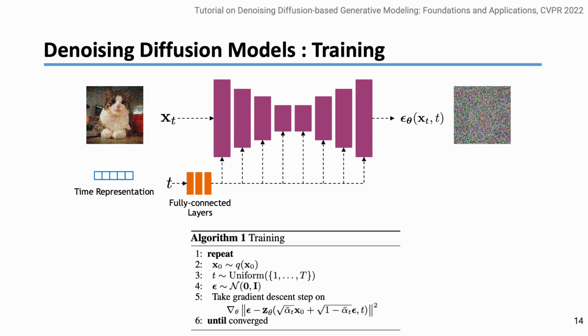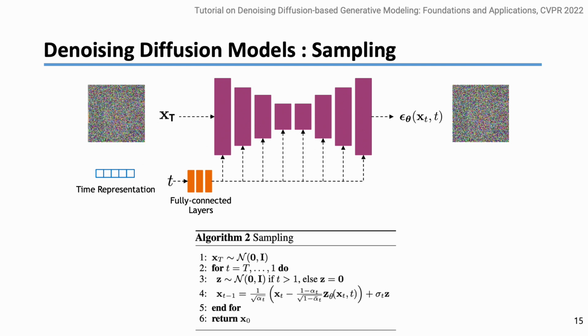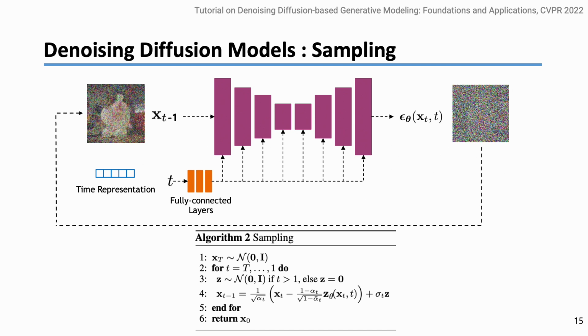Thus, the loss function is essentially the difference between the Gaussian noise and the model's output. During training, the model learns from time steps t within the range of the large T, so t is also provided as an input to the UNet. After training, during sampling, the noise is progressively removed at each time step up to the large T.